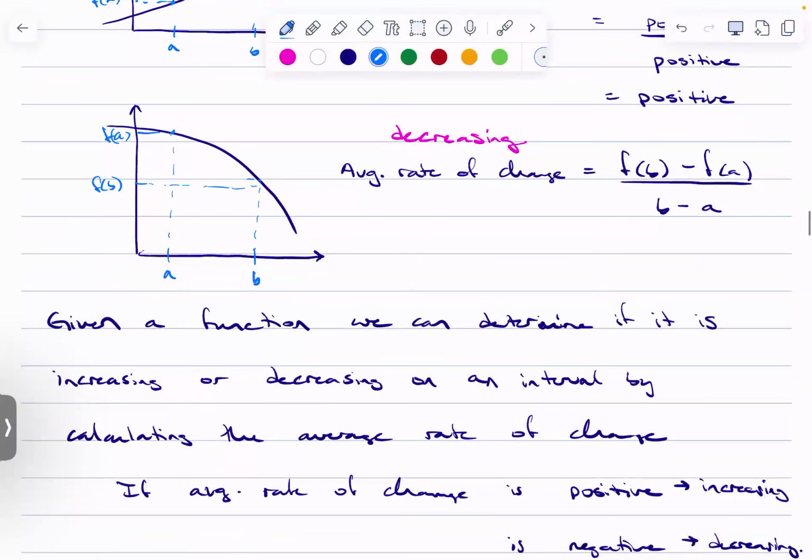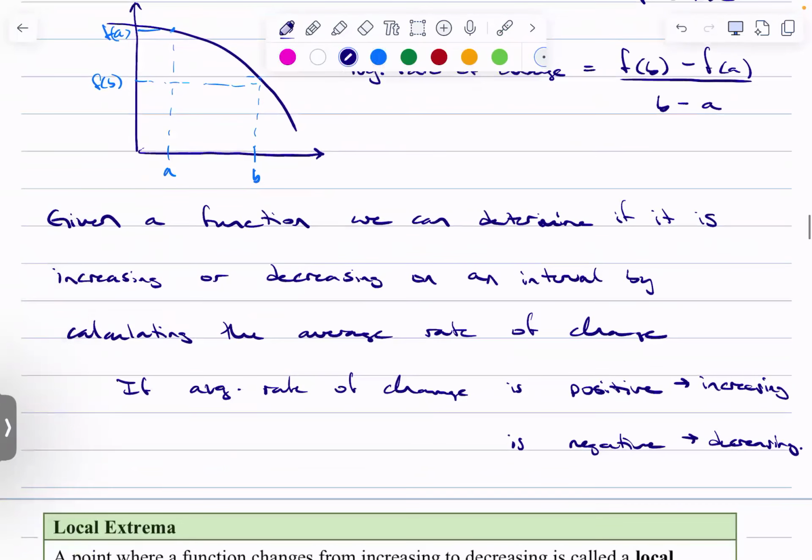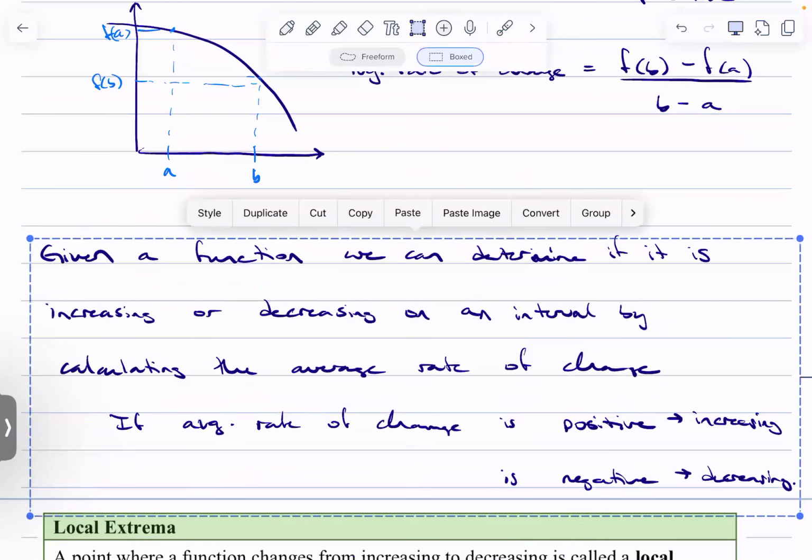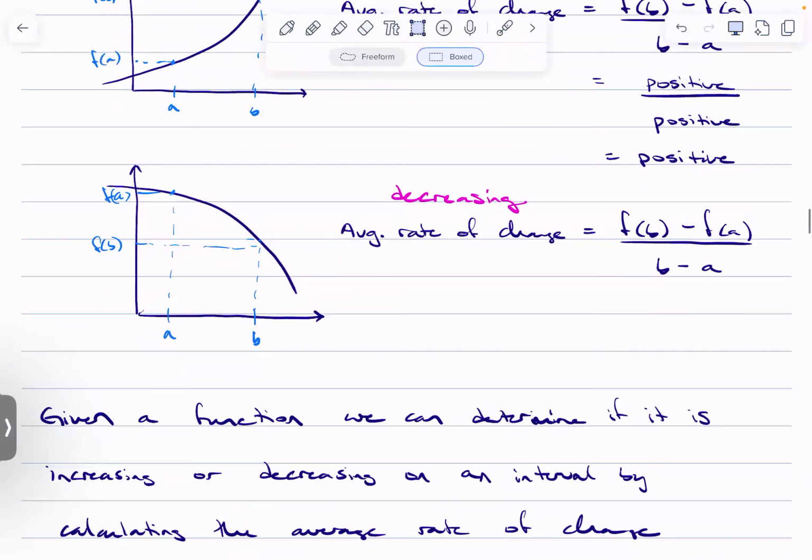And I need just one more line, but I think I can get it by bumping this down just a smidge. It's going to be perfect. Now I get a negative, but we forced a to be less than b, so b minus a is still positive.